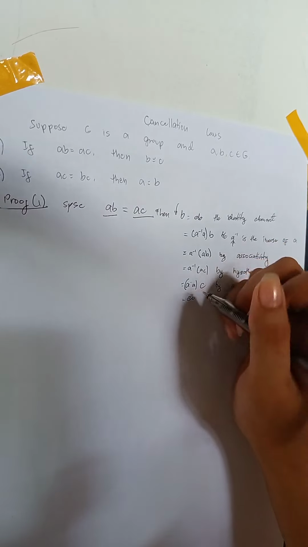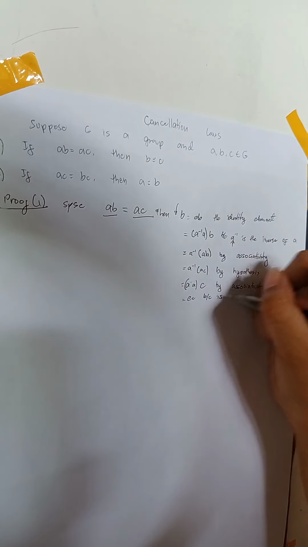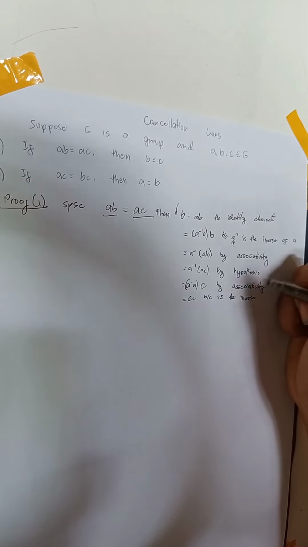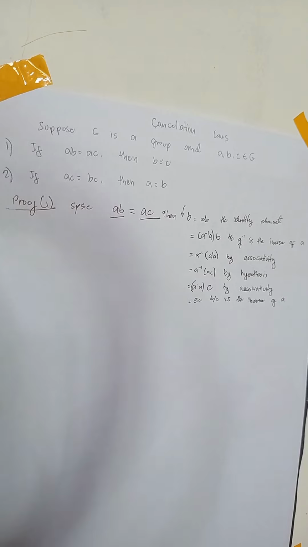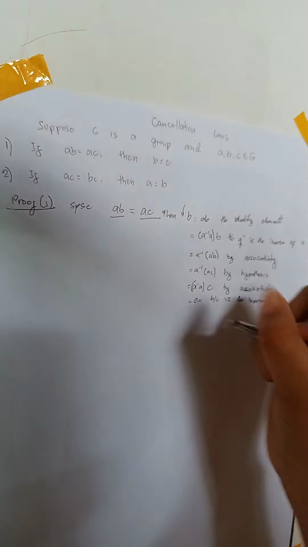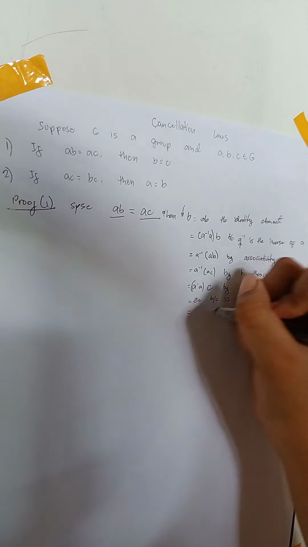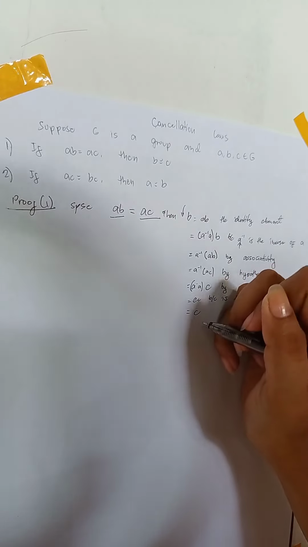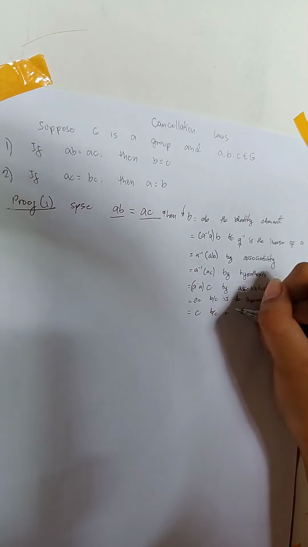This is because A inverse is the inverse of A. And EC is simply equal to C, because E is the identity element.